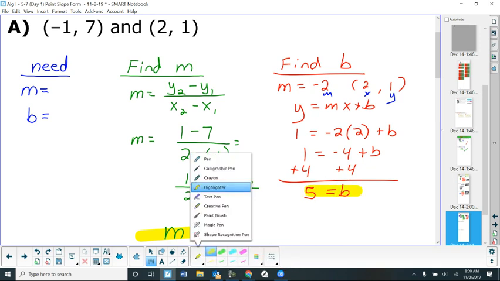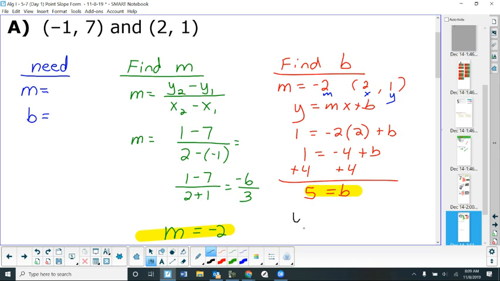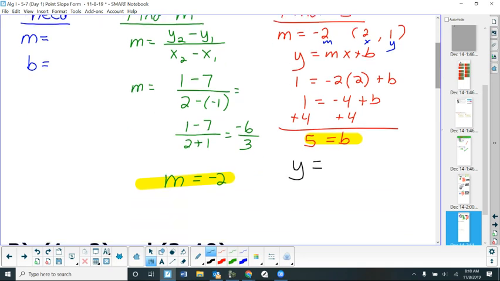What's your equation? Y equals what? What's m? -2, x, plus 5. Good.